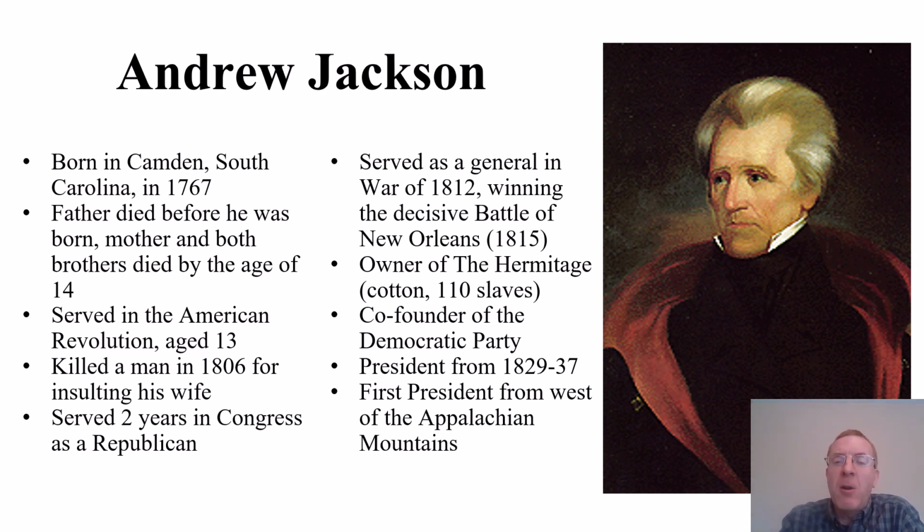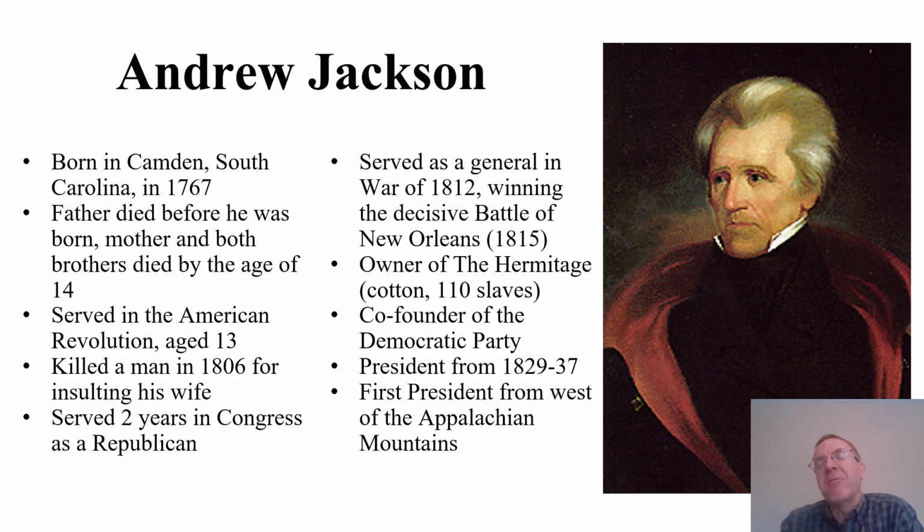He was the co-founder of the present-day Democratic Party, which was separate from the Democratic Republican Party, which existed before. So the Democratic Party today was founded in large part by Andrew Jackson. And Andrew Jackson does serve as a Democratic president from 1829 to 1837.